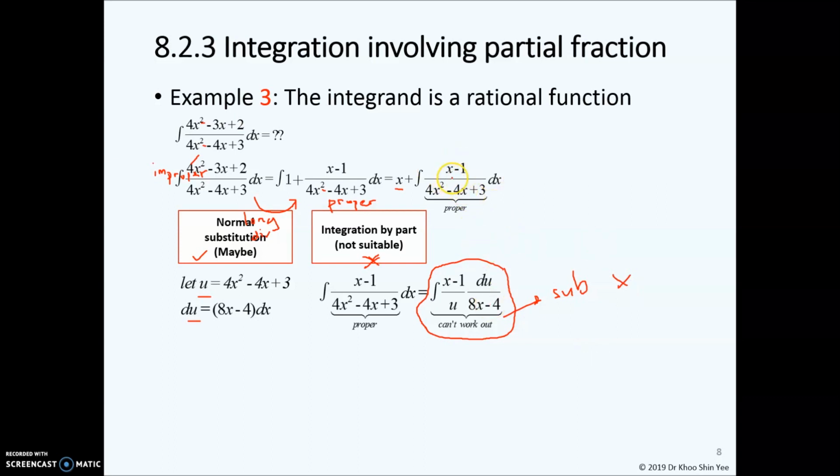So the method that you learn, you can use partial fraction as well, right? So to do partial fraction, this term must be factoring. You have to factor out this term. So to get something like linear factor, s plus a, s plus b. So you can quickly check the calculator, what is the root.